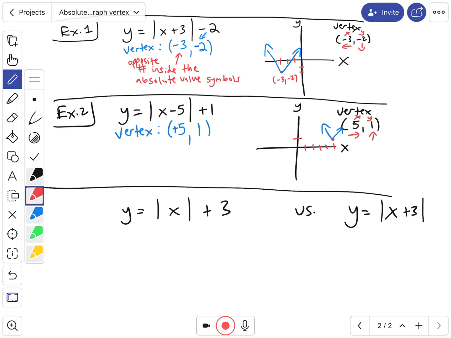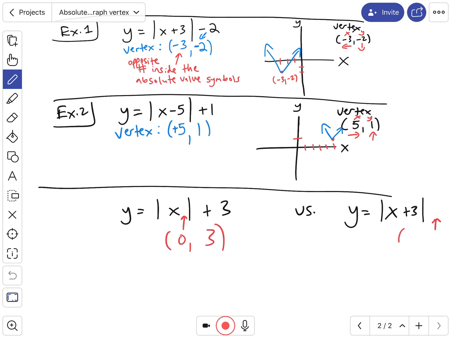Notice this one is missing a number inside the absolute value. Usually there's a plus or minus. And this one is missing the number outside the absolute value. So in this case, this is going to be 0, and then that's going to be 3 for the vertex. And this one, this is going to be negative 3. Remember, inside the absolute value, it's negative. But because there's no number after, that's going to be 0. So that's kind of important to know as well.